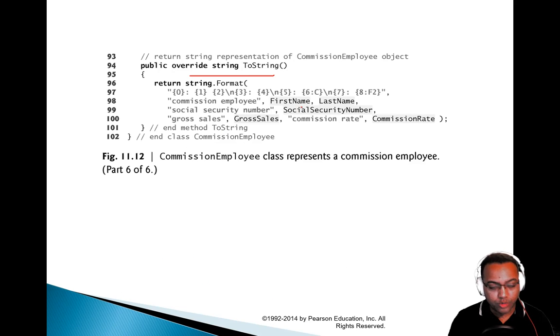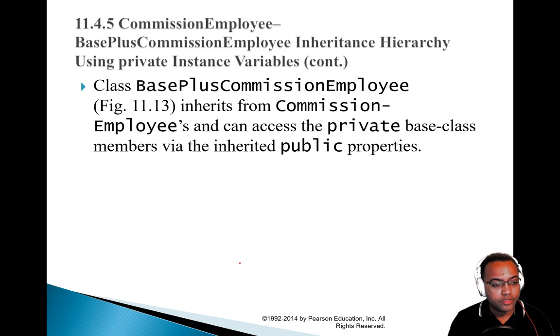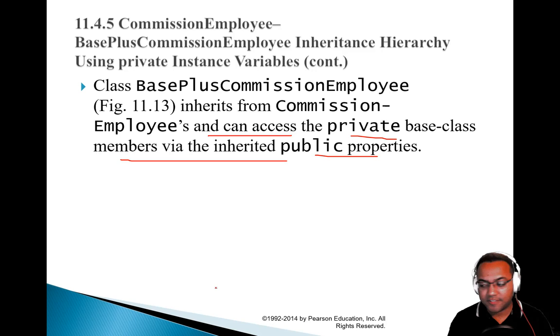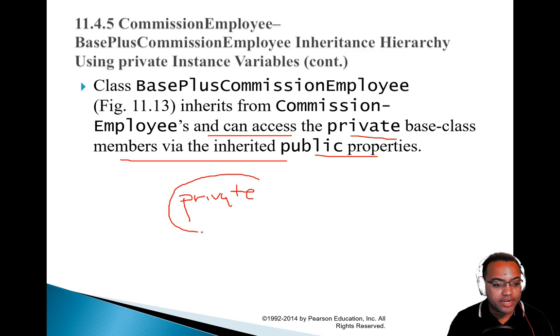And then they overrode the object method to string. The class base plus commission employee inherits from commission employees and can access the private base class members via the inherited public properties. So, what does that mean? The base class has private variables, but we don't want anything other than the base class to be able to access them.